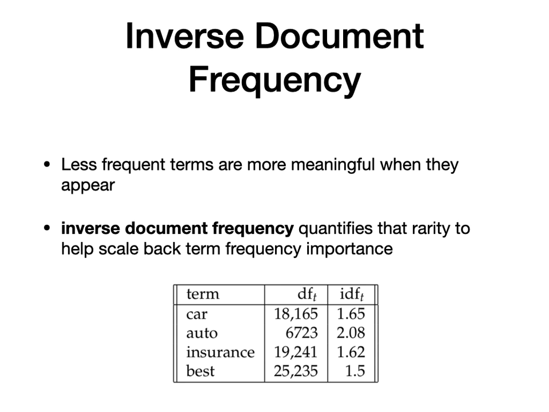To recap, with inverse document frequency, the less frequent terms are more meaningful when they appear. It's more useful and more informative. So, information theory: it's more signal when a document with a rare word appears. The inverse document frequency gives us a way to quantify that rarity and help scale back the frequency of less interesting terms.